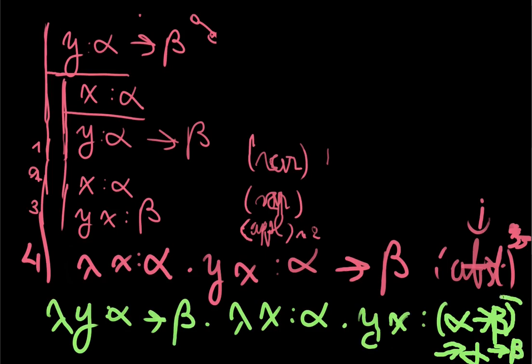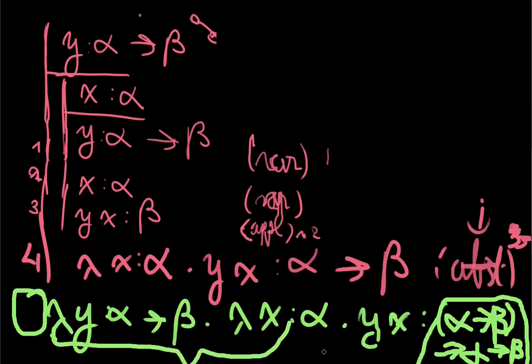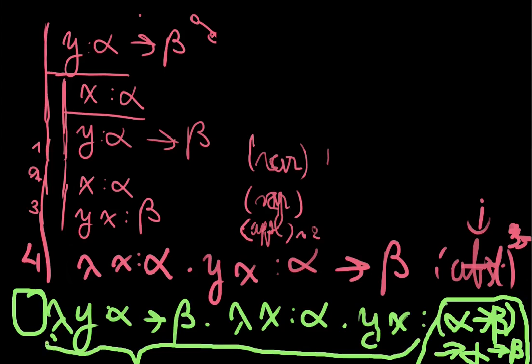Okay, so this is our original problem statement, right? And now we have a judgment where the context is empty. Let's see here. This is the term. Oh wait, no. All of it leading up to the box here. This is the term. And this is the type.